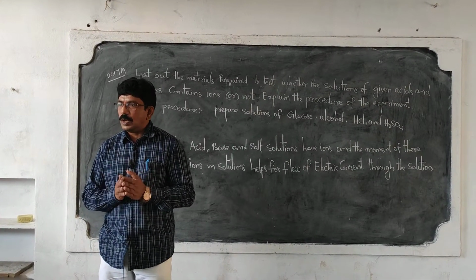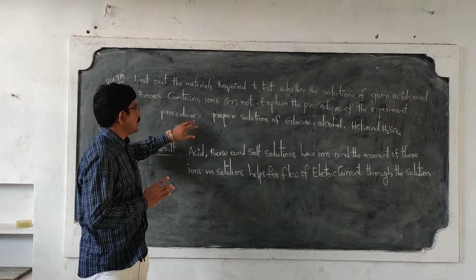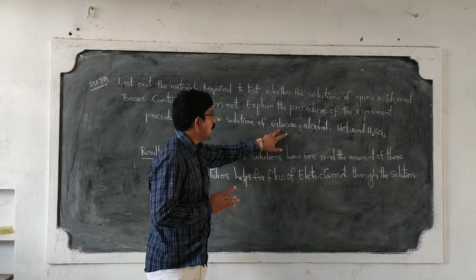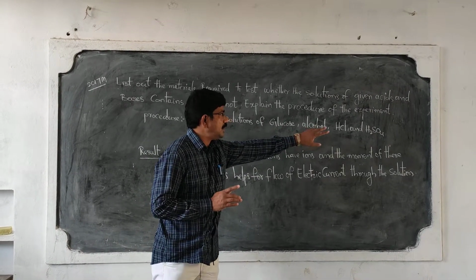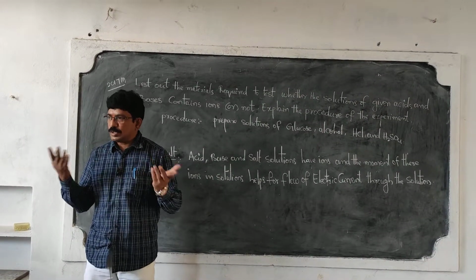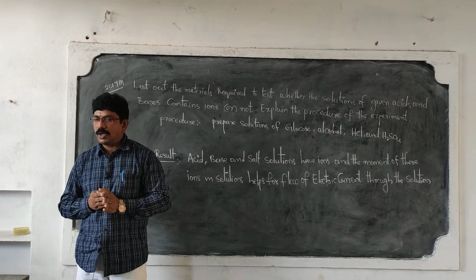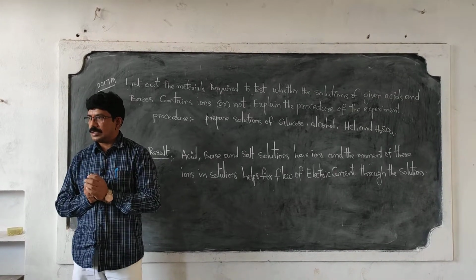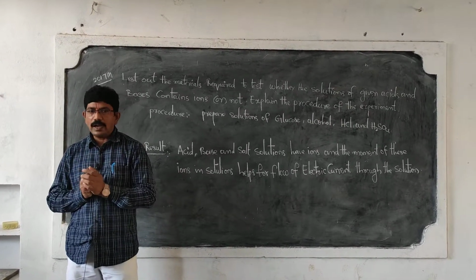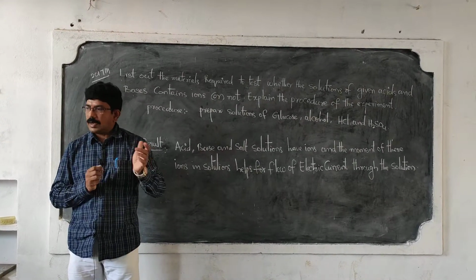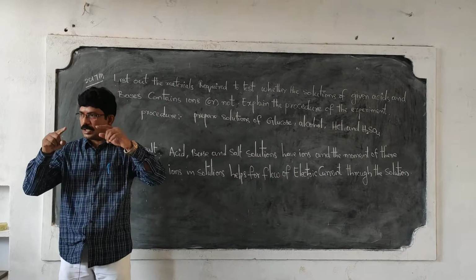So what we did, we prepared solutions of different materials: glucose and alcohol, HCl and H2SO4, and salt solution and base solutions. Next, we used two pencil leads as the graphite rods, as the electrodes, and we connected the ends of the graphite rods with the conducting wires, and we completed the circuit.